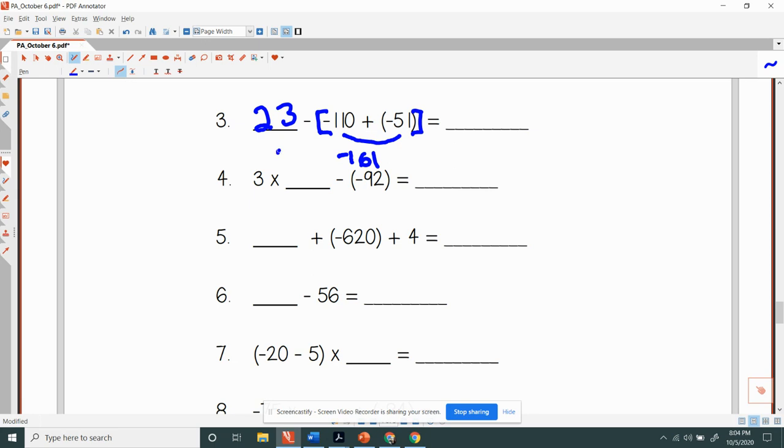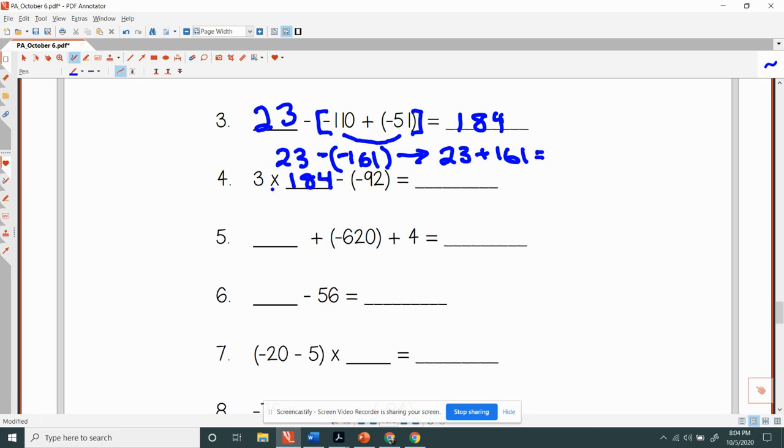So now we have 23 minus 161, which we can rewrite, because when we subtract, we add the opposite. 23 plus 161, which will equal positive 184. And that's the number we put here.